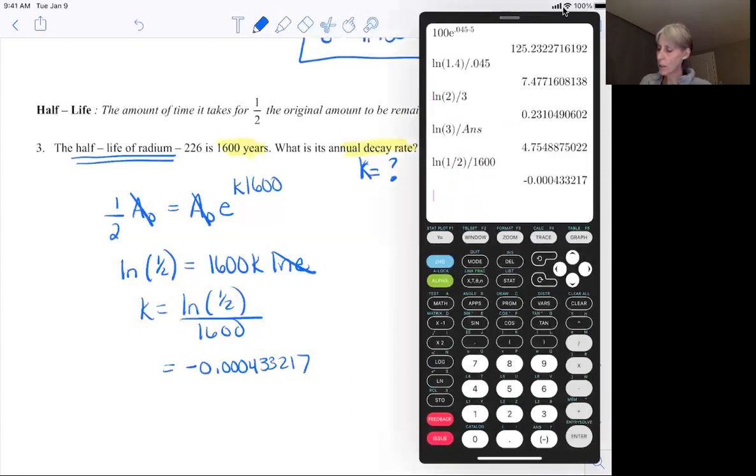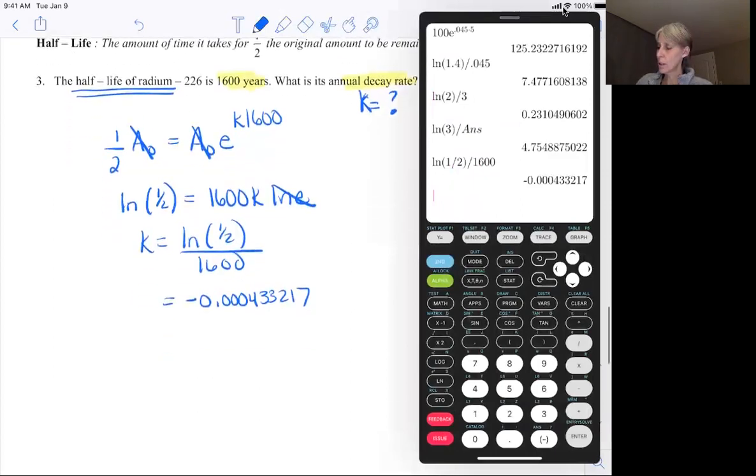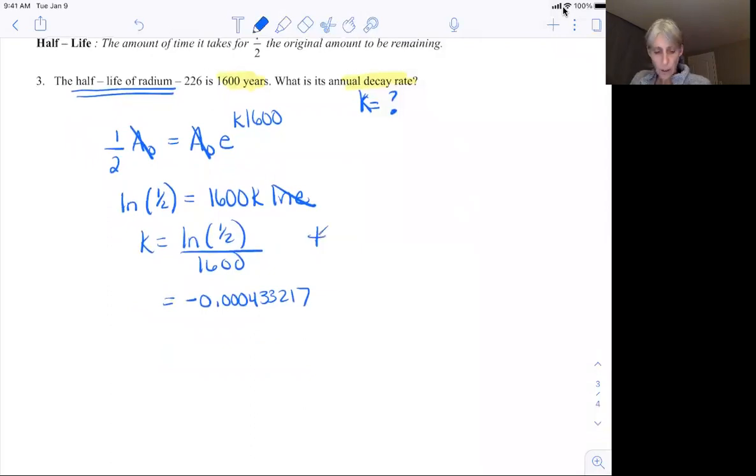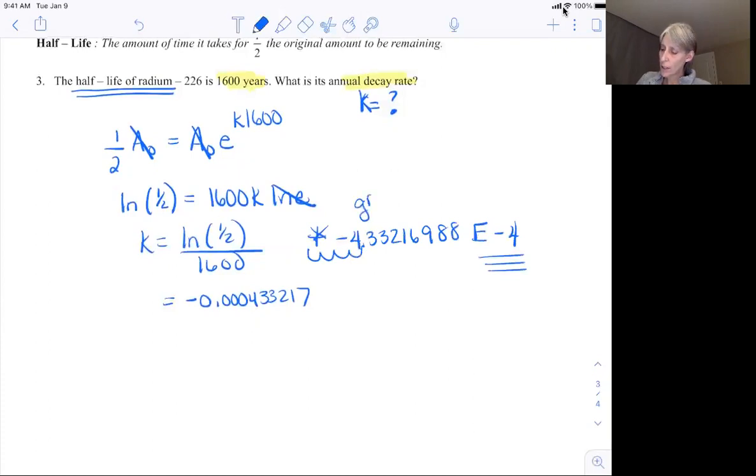I want to point out here, if you were doing this on a graphing calculator, because I know some of you are still using the graphing calculator, it looks like that, and you have to recognize that as scientific notation. So you're going to move your decimal place 1, 2, 3, 4. So just be aware if you're doing it on the graphing calculator. I didn't realize that the iPad calculator would already convert it for you.